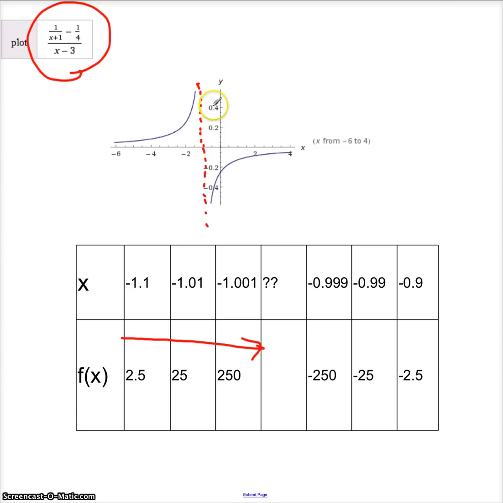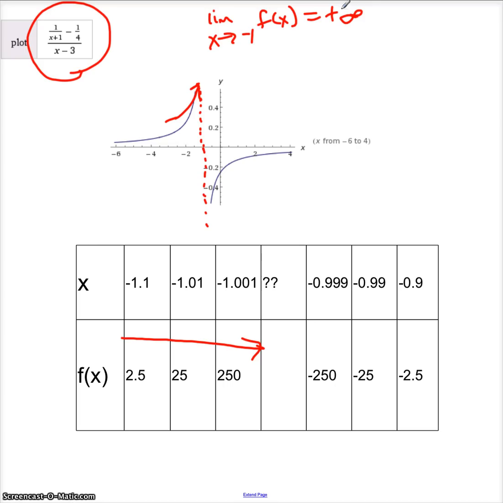Now, looking at this, the limit as x approaches -1 from the left of f of x is, we're going to call this, positive infinity. Now, infinity is not a number.